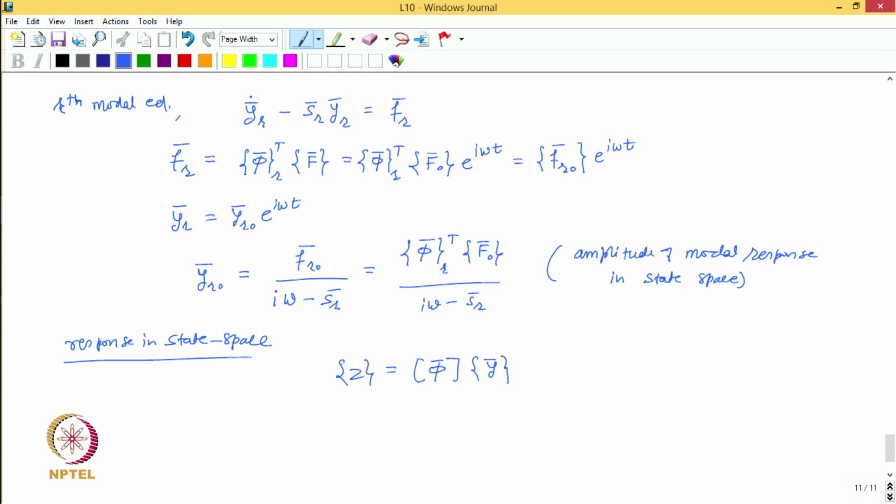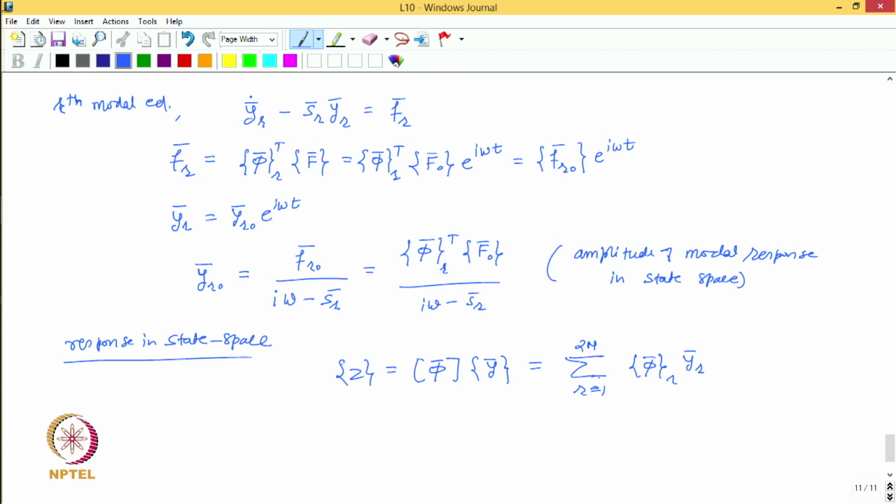This expression can be written as the summation of phi bar r and y bar r, with r varying from 1 to 2n, because there are 2n complex modes.